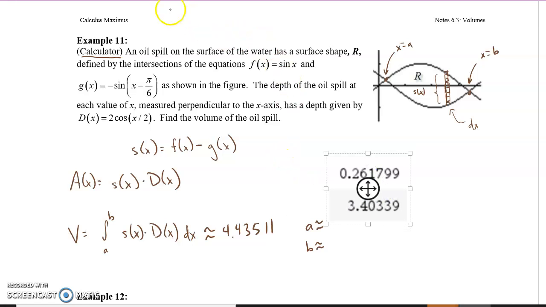Well, you get the idea. Maybe I'll rewrite that here. A is approximately that, and B is approximately that. And we find those by finding the points of intersection using a calculator. There's no analytic method that I would like to try to do to find those points of intersection. It might be possible, but this is a calculator problem, and we have better things to do with our time.